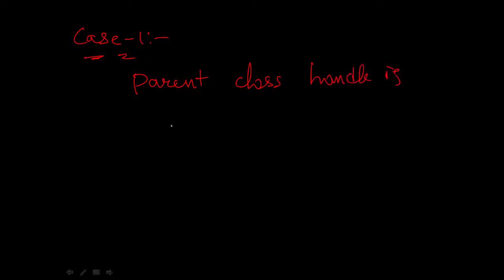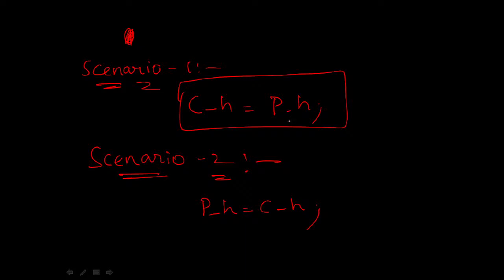So in case 1, the parent class handle is assigned to the child class handle. That is, the child class is pointing to the parent class object handle. Okay, that is case 1.